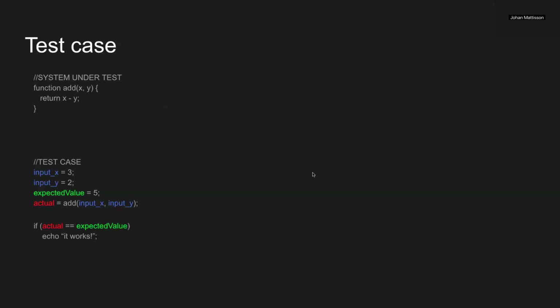You can do it like this. You probably did once upon a time, back in the old days before all these unit frameworks. But what's this missing? What happens if it doesn't work?